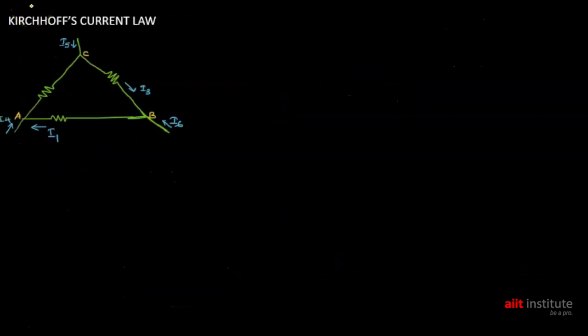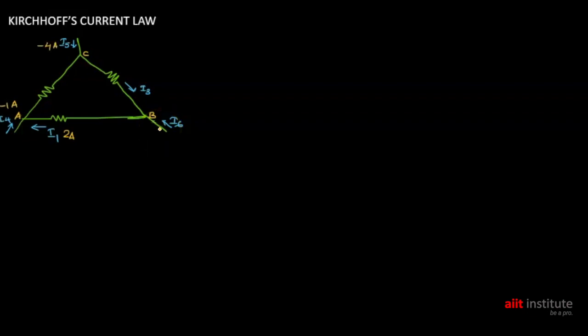For example, here we have a circuit which contains three nodes A, B and C, and currents I1 to I6 are the currents flowing through the circuit. I1 equals 2 amperes, I4 equals minus 1 ampere, I5 equals minus 4 amperes.